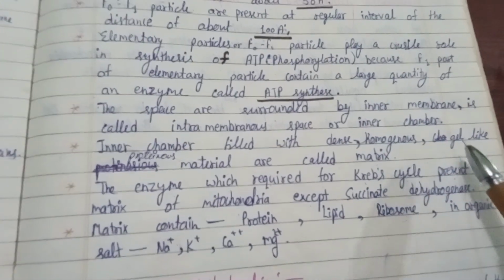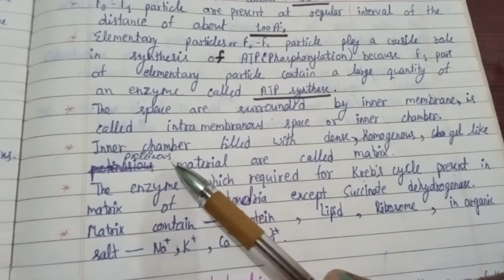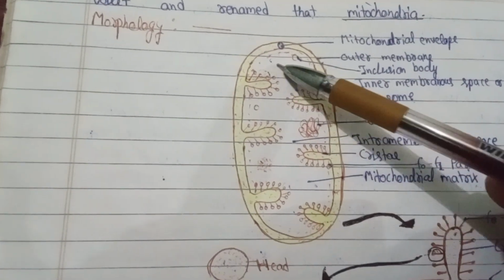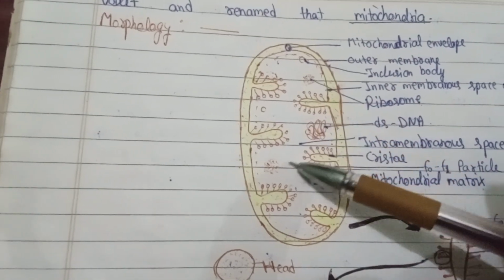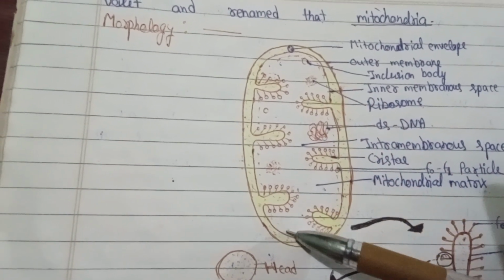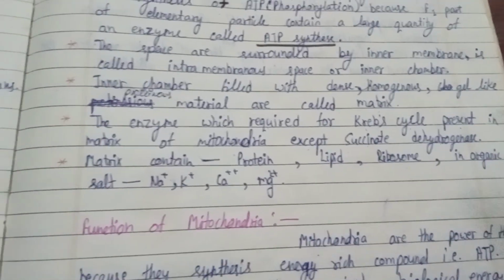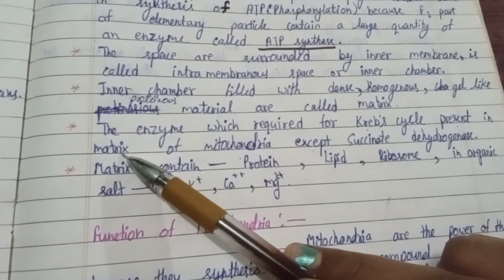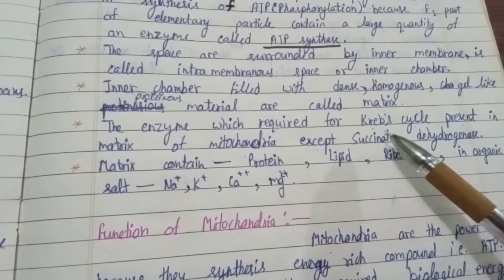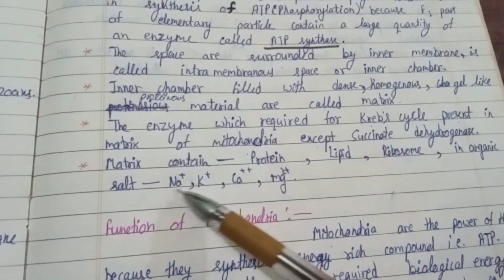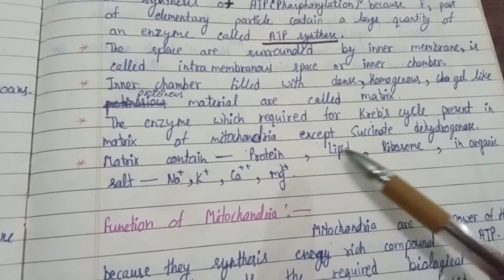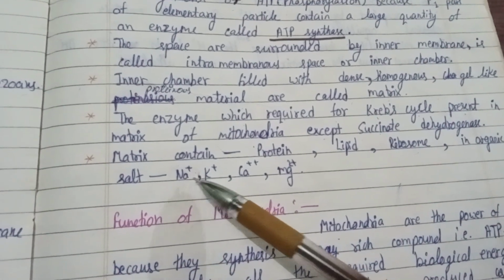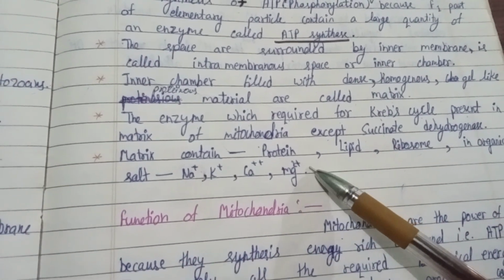This proteinous material in the inner chamber is called the matrix. The enzymes required for the Krebs cycle are present in the matrix of mitochondria except succinate dehydrogenase, and the matrix also contains some protein, lipid, ribosomes, and inorganic salts like sodium, potassium, calcium and magnesium.